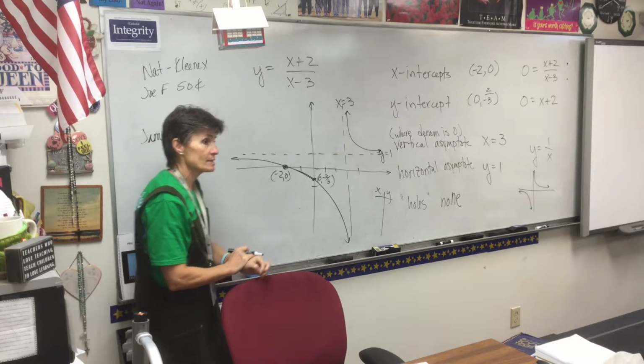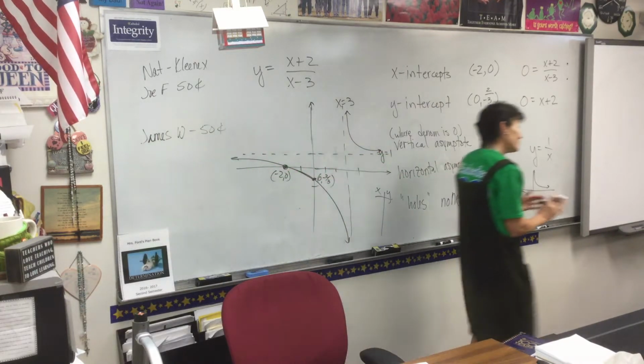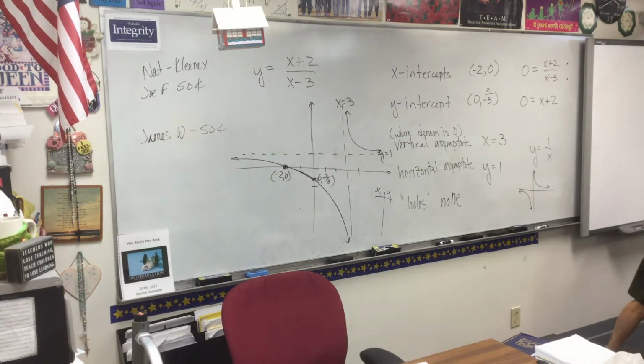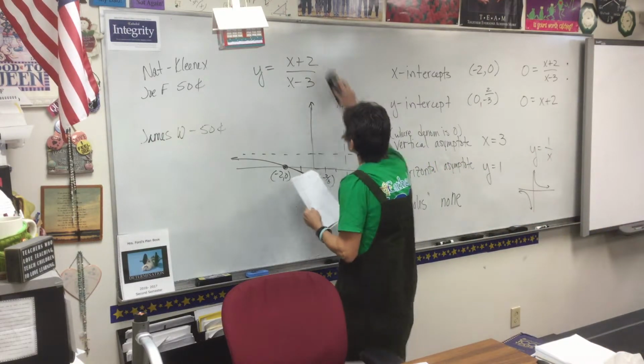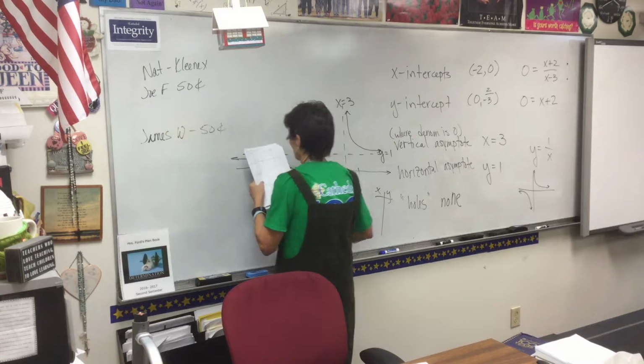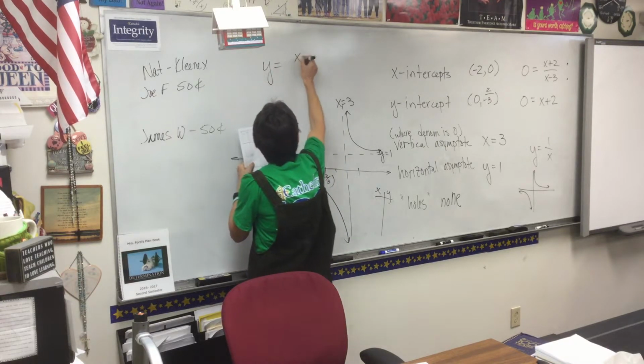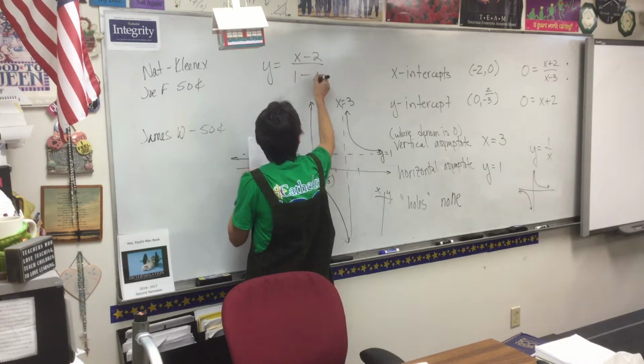Got it? Because now we're going to do another one that's pretty much the same thing. So now we're going to do (x minus 2) over (1 minus x).